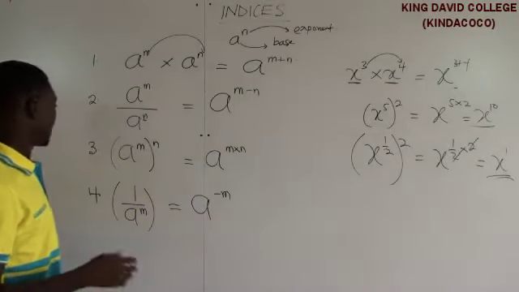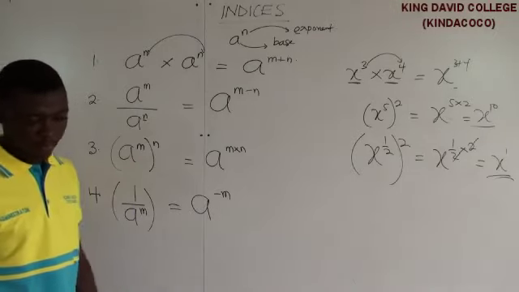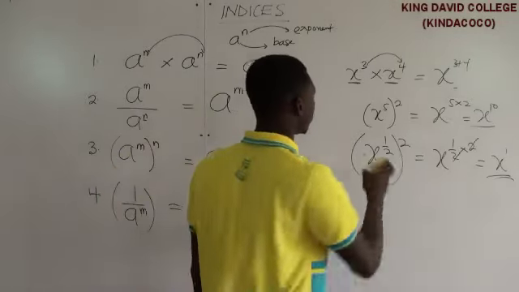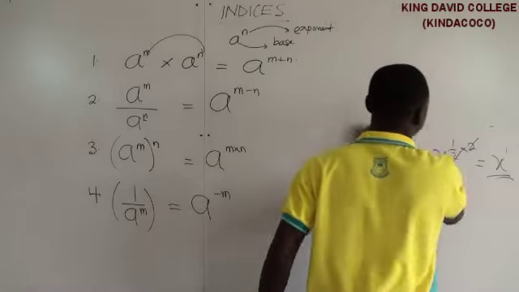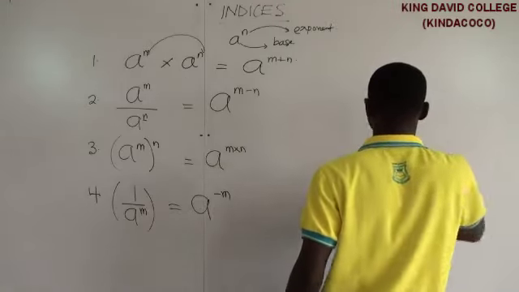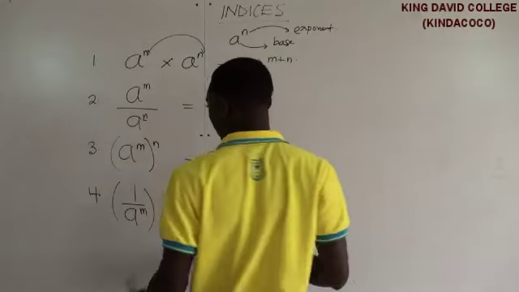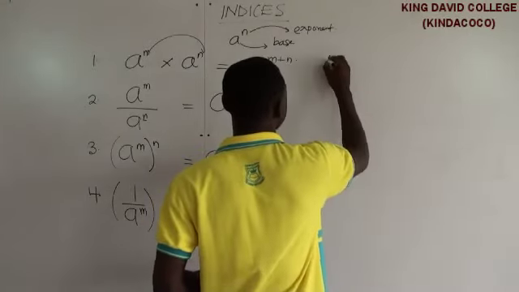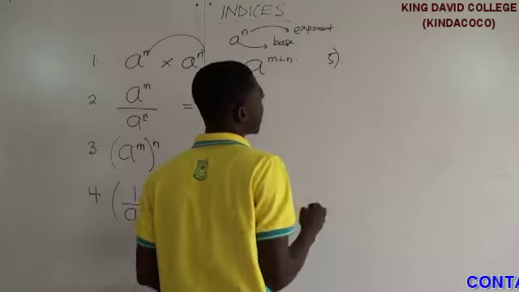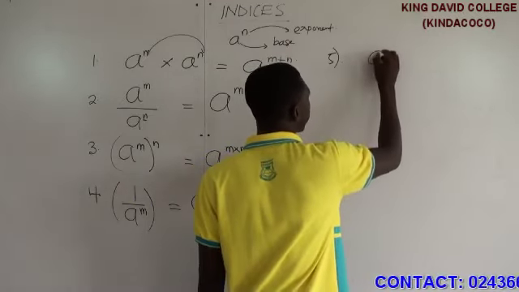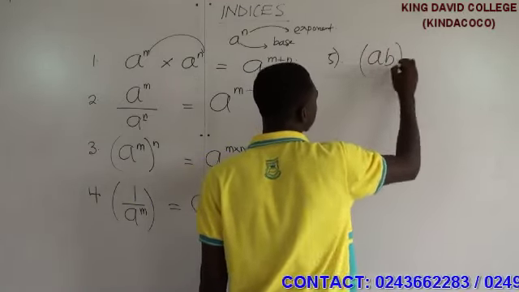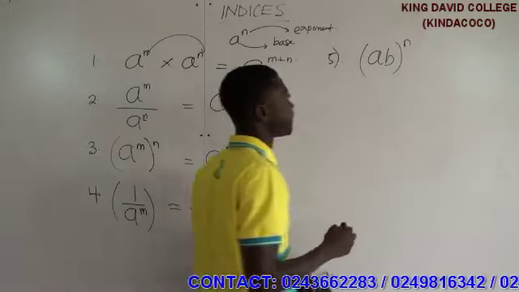Okay. Now let's go to the fifth law. The fifth law, let me clean this side. So let's go to the fifth law. So supposing we have something like this: a and then b, all to the power n.